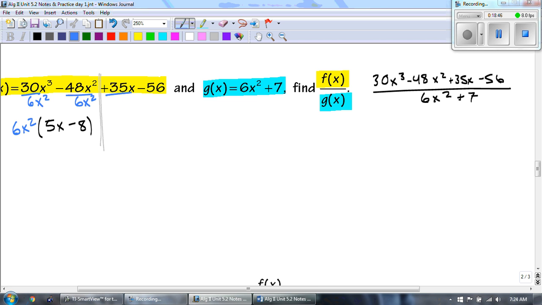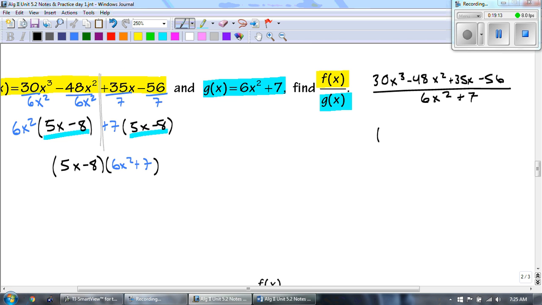Okay? On the back, 35 and 56, those are actually both divisible by 7. So I factor out my 7. I get 5x minus 8. And just like we wanted, they match. Okay? So we get 5x minus 8 and 6x squared plus 7.